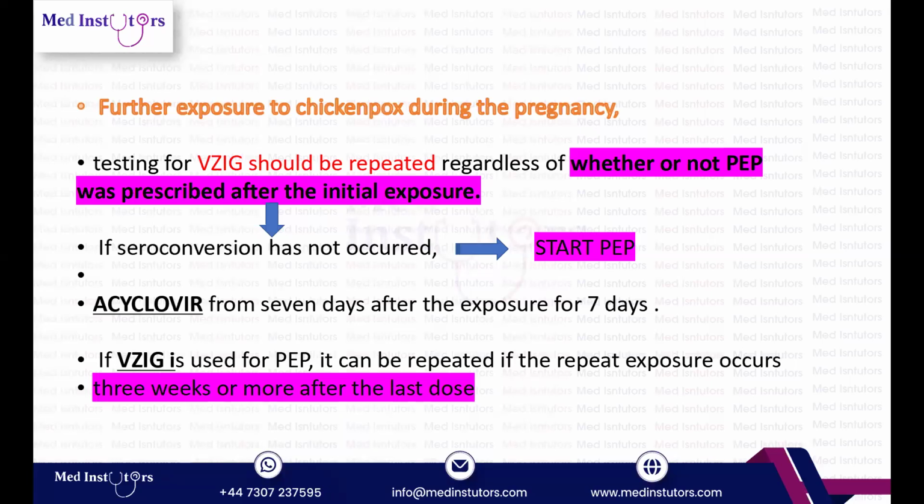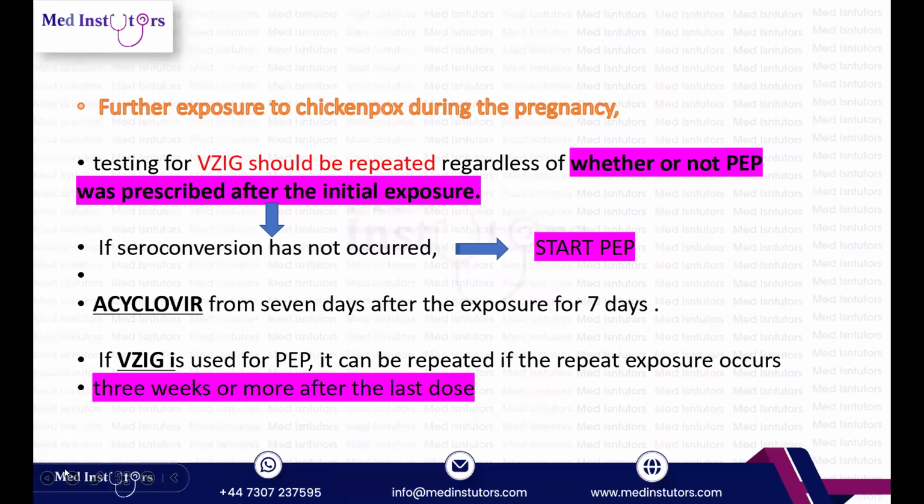Amniocentesis for viral DNA: yes, amniocentesis is done for the viral DNA to find out whether the virus is there or not, and that is done by polymerase chain reaction test. Following exposure, antiviral is to be considered within 20 weeks. Yes, that's right.